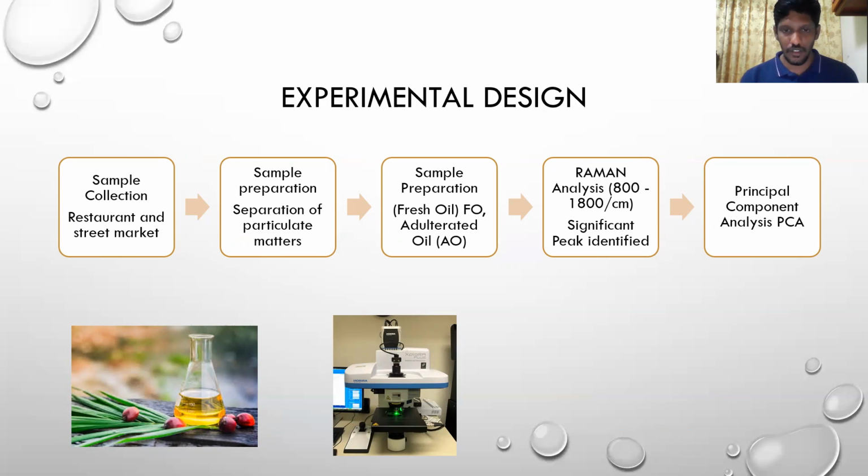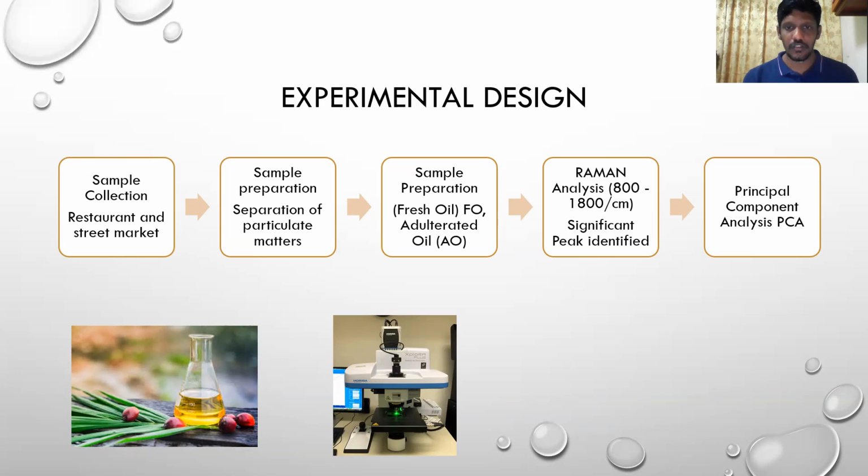Then adulterated oil, where we mix the sample oil from the restaurant and the street market with the fresh oil in ascending concentration order, 0%, 10%, 20%, 30%, 40%, and 50%. Two sets of samples are prepared, one from the restaurant and the other from the street market, with the same conditions.